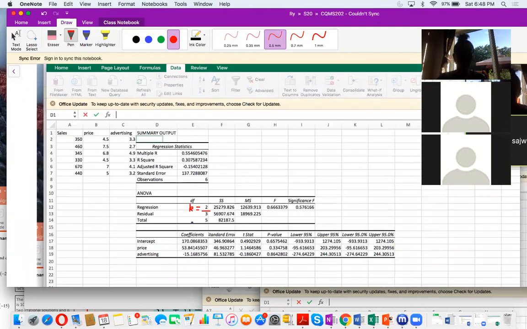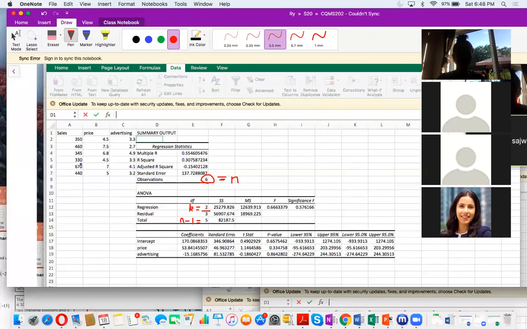And the degree of freedom for total is sample size minus 1, equal to 5. Here we have sample size 6, six observations.